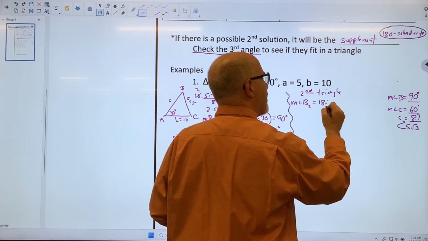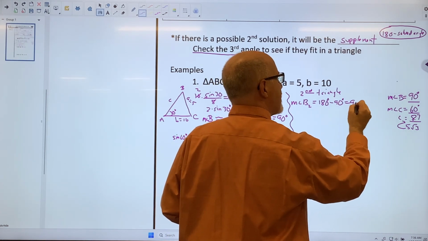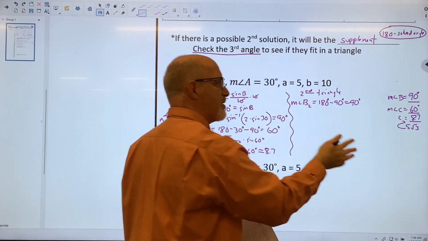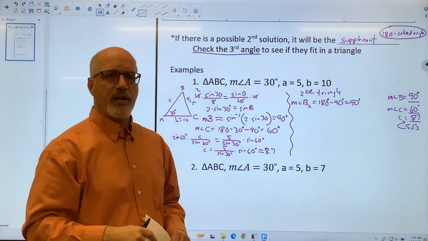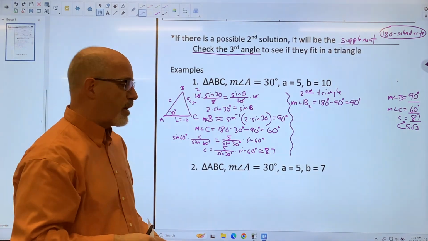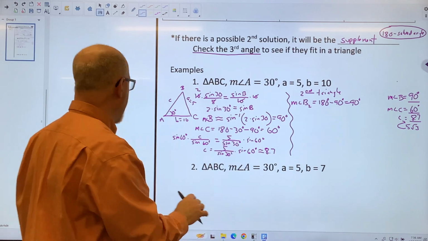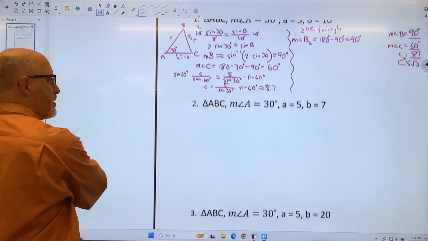So 180 minus 90 gives me right back to the 90 degrees, so that doesn't change the case. I don't have a second triangle. So check it to see if you do have a second triangle. We'll see that in this next case. So in this case, we just have one answer, one set of angles and sides.